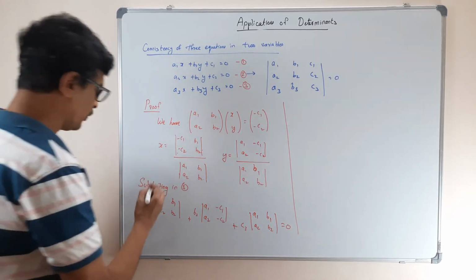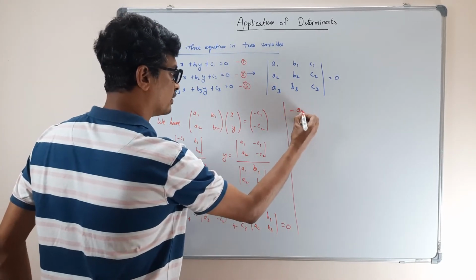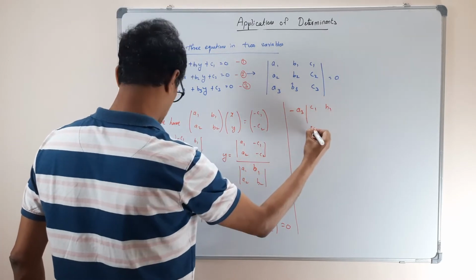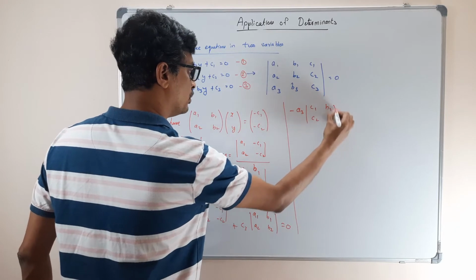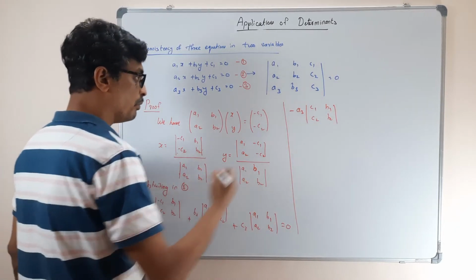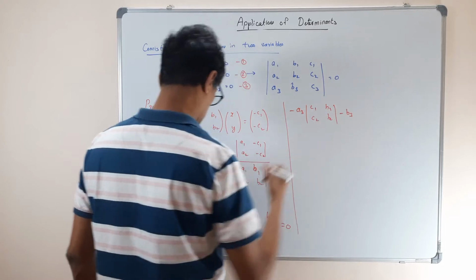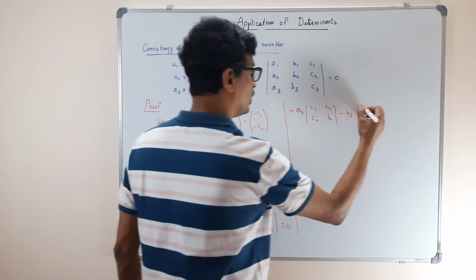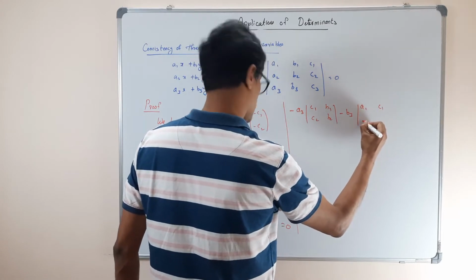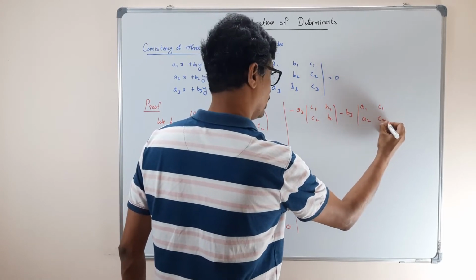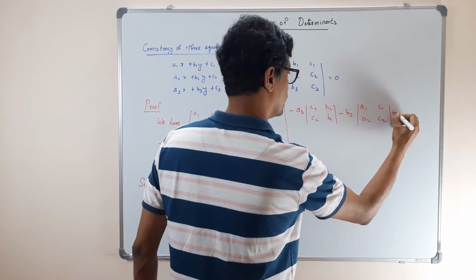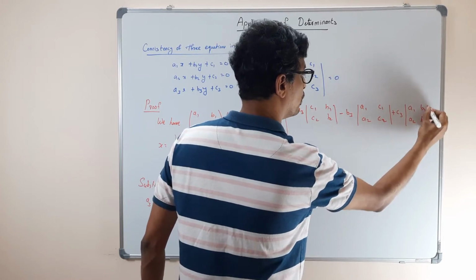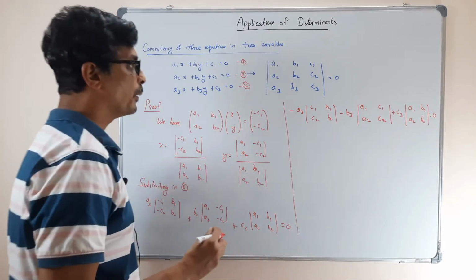Okay, so this will become minus A3 into C1, B1, C2, B2, then minus B3, A1, C1, A2, C2, plus C3 into A1, B1, A2, B2 equal to 0. Okay.